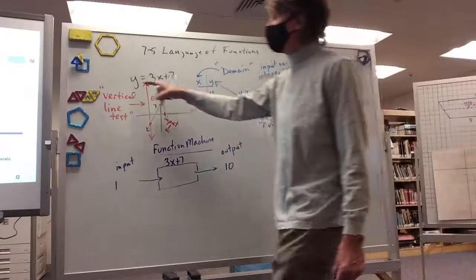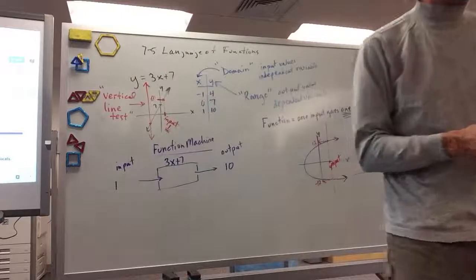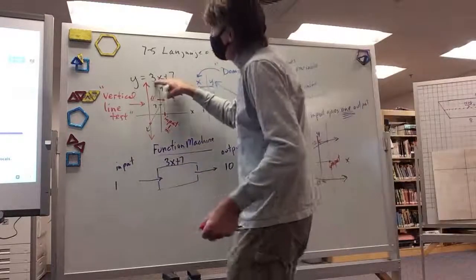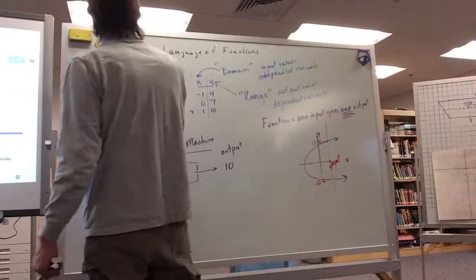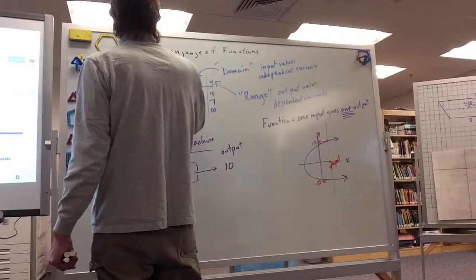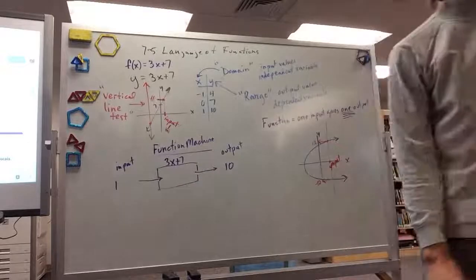So how does this change if it's written as a function? If I say that this relationship here is a function, then we would write it like this. f of x equals 3x plus 7.